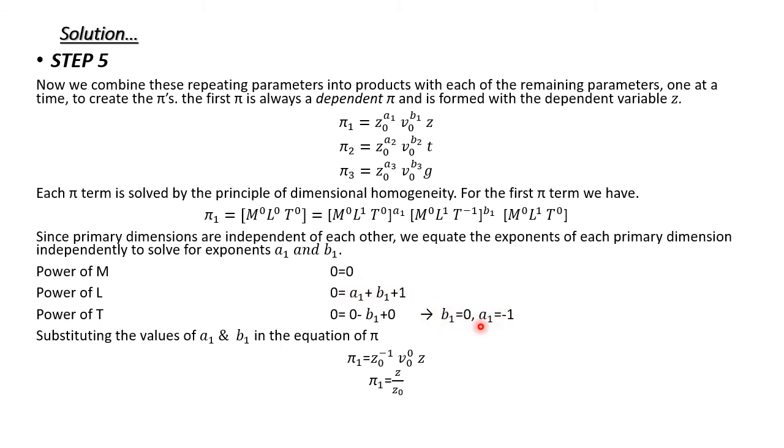Now we know the value of a1 and b1. We will substitute a1 and b1 in this equation. Pi 1 is equal to z0 to the a1, a1 is minus 1, so z0 minus 1, and v0 to the b1, b1 is 0. So I get pi 1 is equal to z by z0 to the minus 1. I can write this in the denominator, so the pi 1 term we got is z by z0.